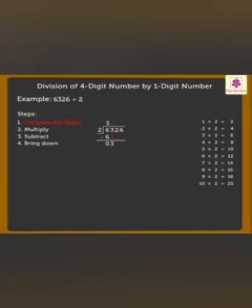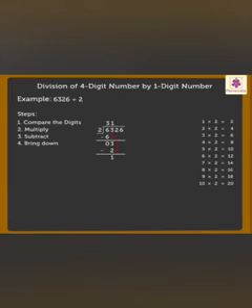Back to comparison. 3 is greater than 2, so we can divide 3 by 2. 1 into 2 is 2. Hence, we write 1 above 3 and 2 below 3. Now, by subtracting, we get the remainder 1.